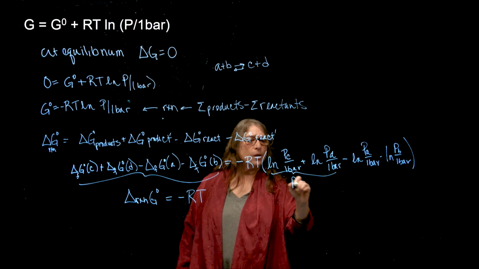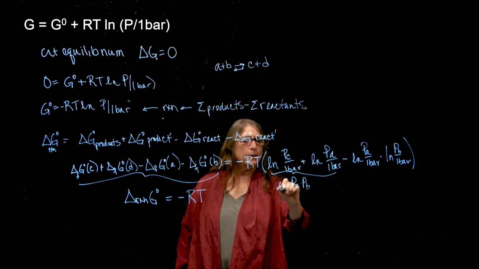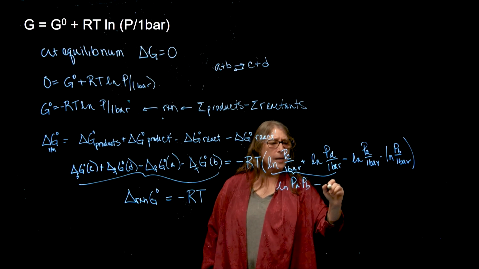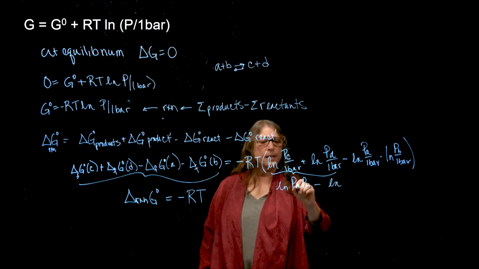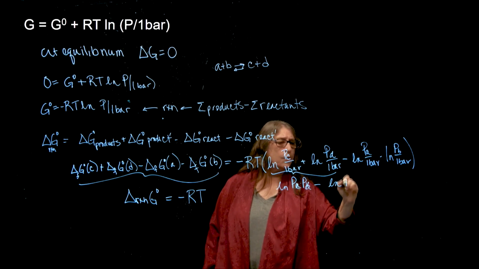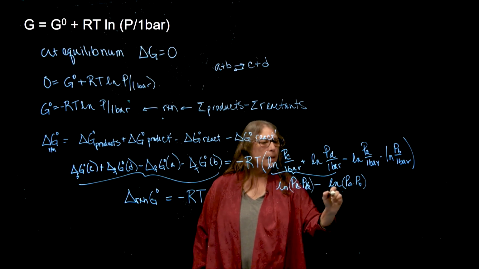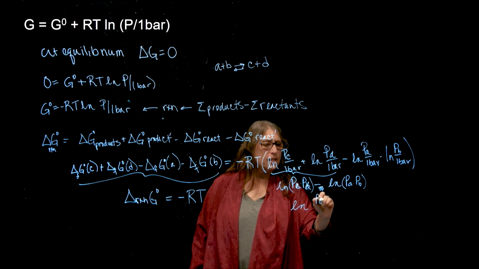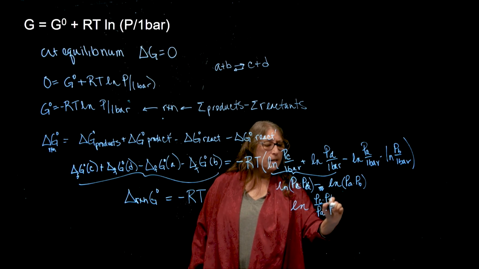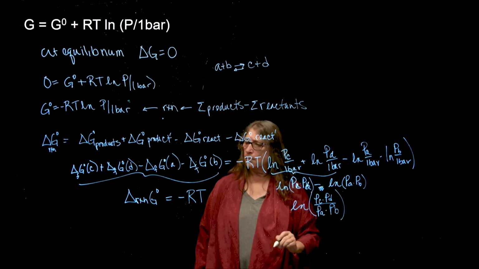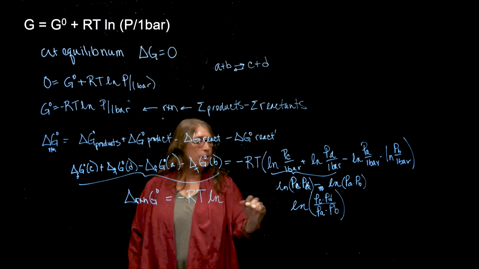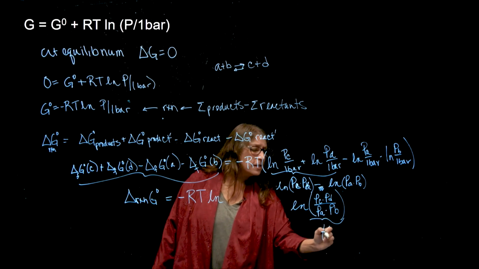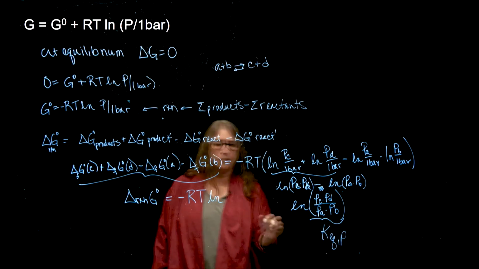This is the pressure of A times the pressure of B. And I'm going to subtract the logarithm of C and D from the logarithm of the pressure of A times the pressure of B. But subtracting this means that this is the logarithm of the pressure of C times the pressure of D divided by the pressure of A times the pressure of B. So this is times the logarithm of, oh, wait a second, this is our equilibrium constant in terms of pressure.